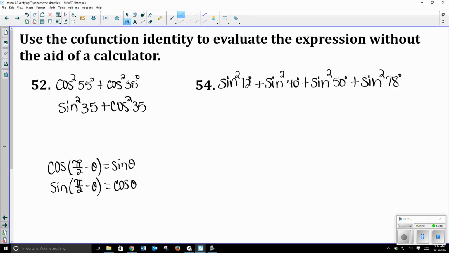So two different identities: the cofunction identity, and then sine squared theta plus cosine squared theta is equal to what? 1, right? As long as your angles match, and they do, then that equals 1. So that's your answer to that.